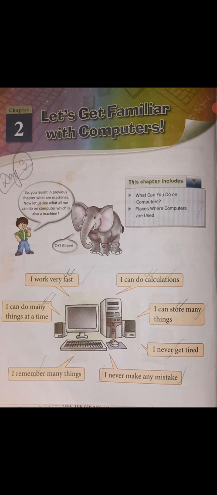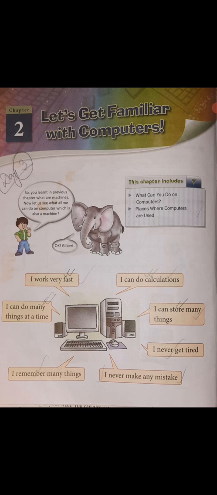As a computer is a machine, it has lots of storage capacity. It can store so much data, a huge amount of information. That means a computer can store many things.